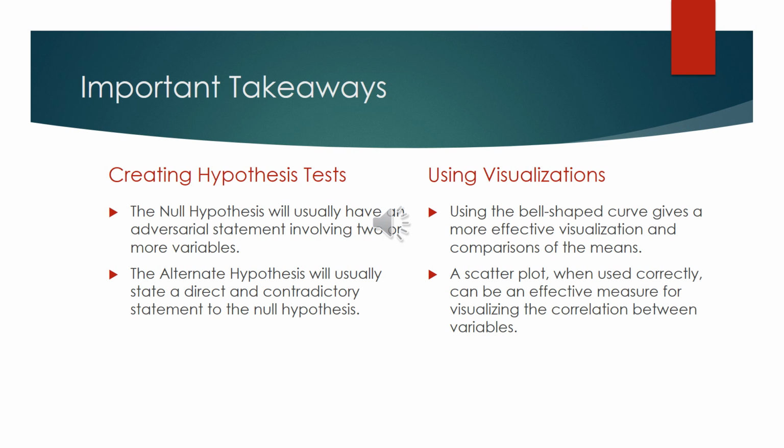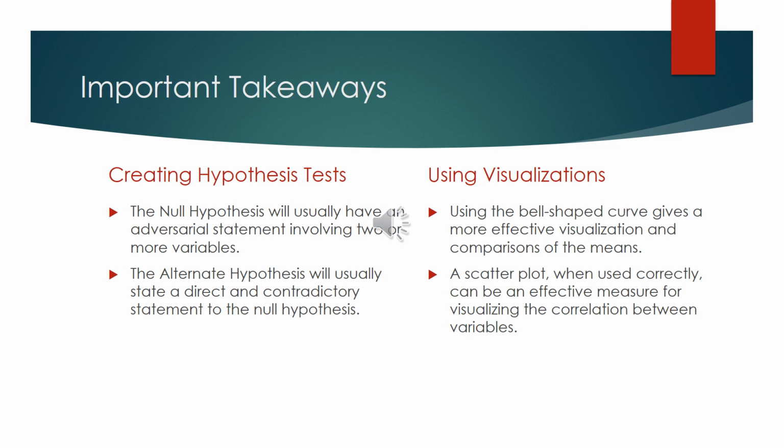Also, the alternative hypothesis will usually state a direct and contradictory statement to the null hypothesis. And using the bell curve gives a more effective visualization and comparison of the means. And a scatter plot, when used correctly, can be an effective measure for visualizing the correlation between the variables.